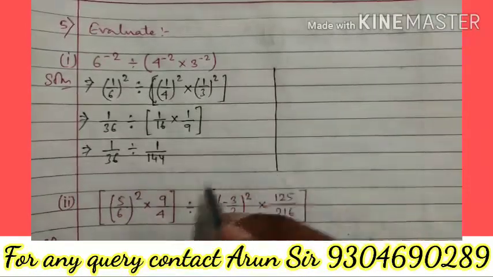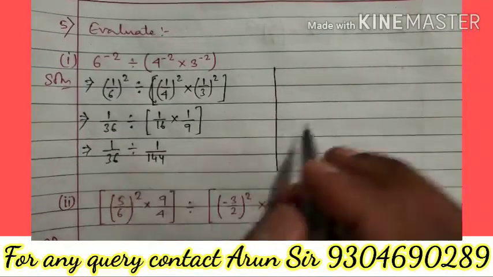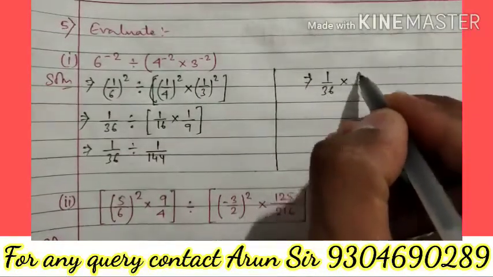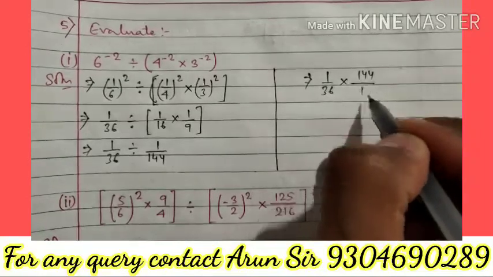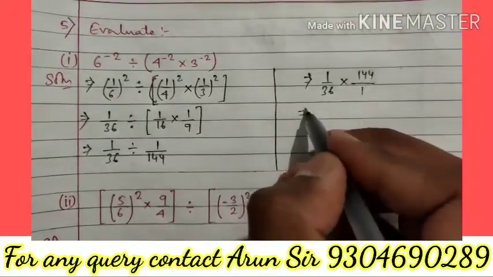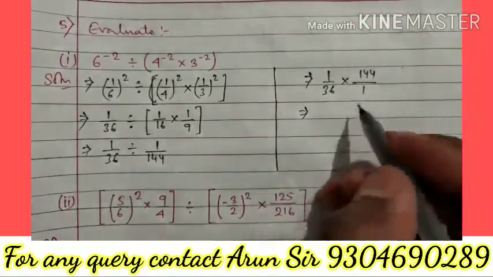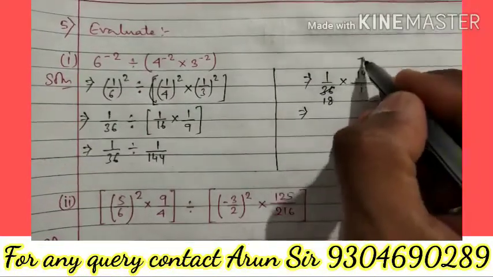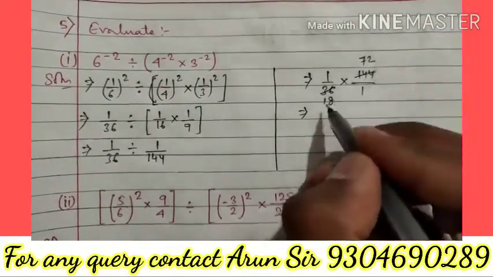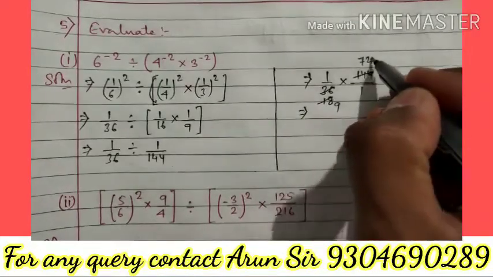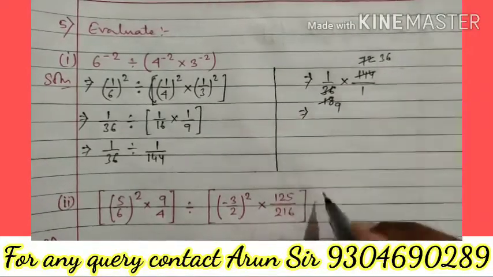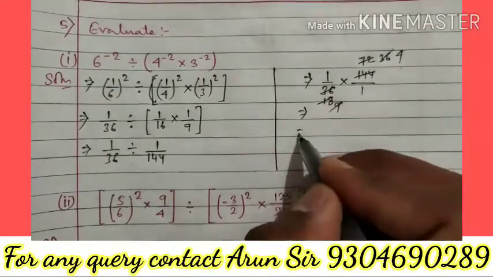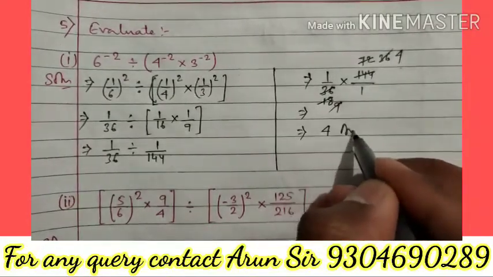In the next step, we will convert this division into multiplication. We will write 1 by 36 into 144 by 1. Now we will reduce the fraction. Let's start from 2. 2 1 is 2, 2 8 is 16, 2 7 is 14, 2 2 is 4, 2 9 is 18, 2 3 is 6, 2 6 is 12, 9 4 is 36. Your answer will be 4. This will be your answer.